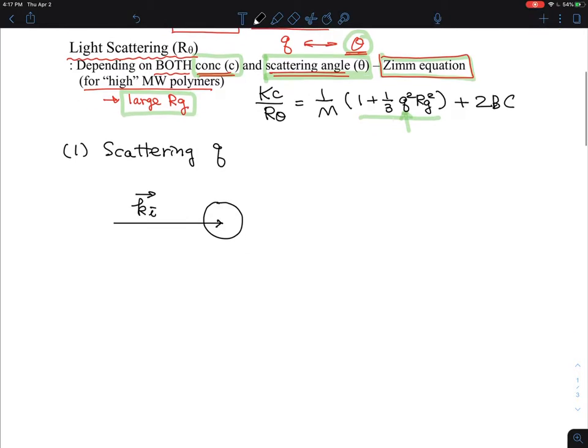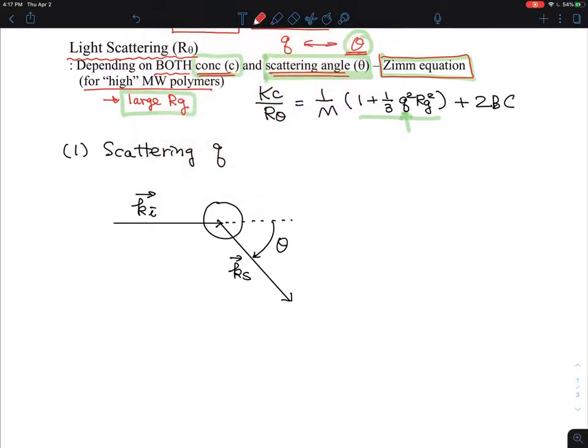Then there's a scattered light, Ks. If the light went through straight, the angle between them is the scattering angle theta. So the scattering angle is a visual way that you can understand this.